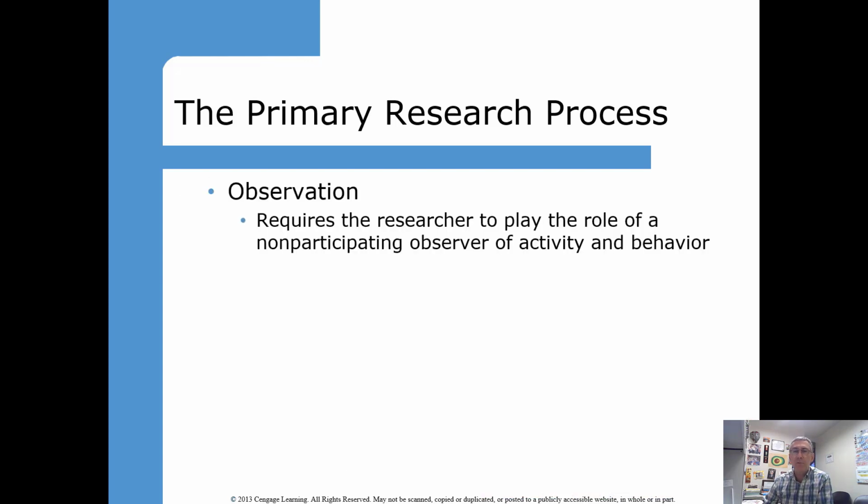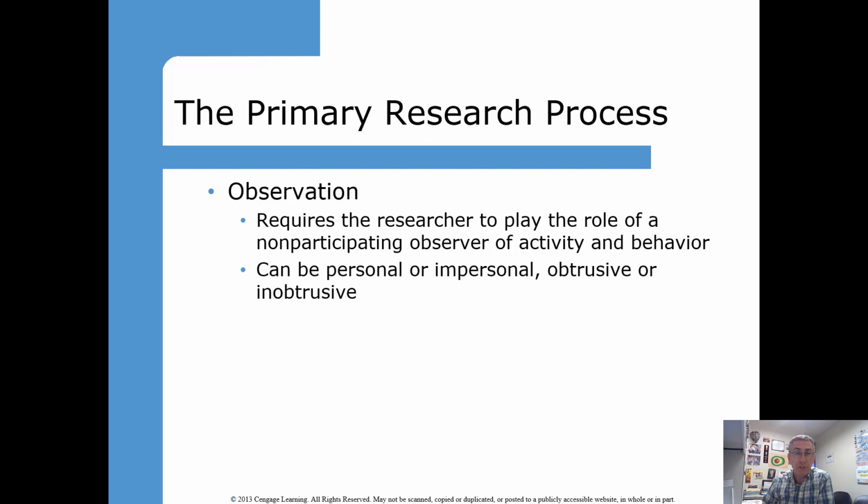Okay, so observation requires a researcher to play the role of a non-participating observer of an activity or a behavior. It can be personal or impersonal, obtrusive or unobtrusive. I remember when I was in college, I had a professor who said at the time, this is back in the 90s, that the toy industry in the United States had broken records in a couple of years for how much money they were spending on research and development.